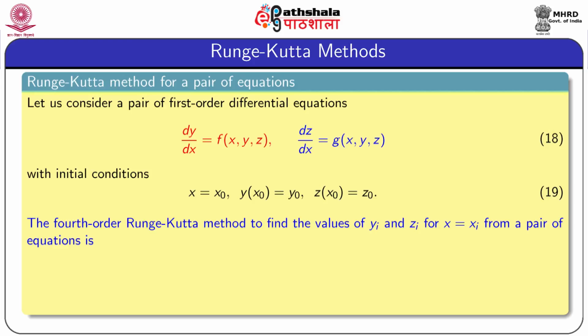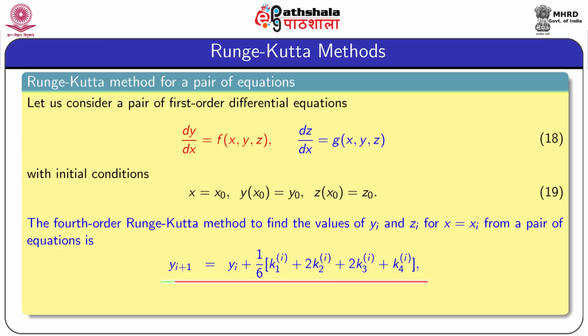The fourth order Runge-Kutta method to find the values of yi and zi for x equal to xi for a pair of equations is y(i+1) equal to yi plus 1/6 into (k1i plus 2k2i plus 2k3i plus k4i).